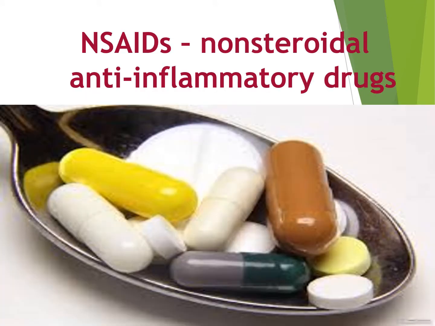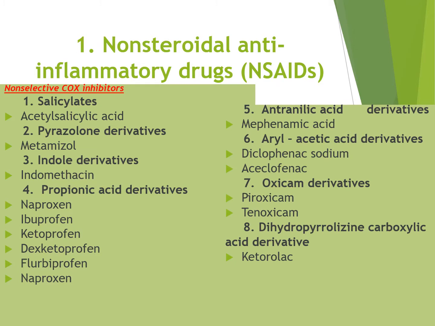So we'll begin to discuss the group of non-steroidal anti-inflammatory drugs. The abbreviation NSAID I told you at the previous slide. And we'll begin with the classification according to the mechanism of action.